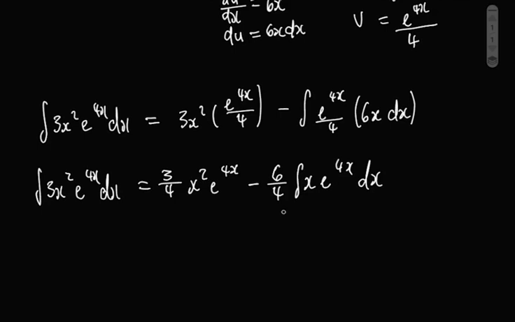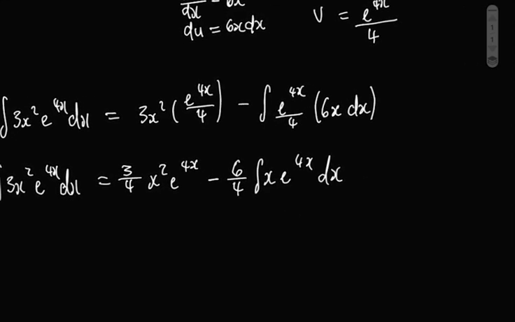And here again, I see that I must do by parts again. It's now another by parts. So I could say let u2 be equal to, again, the algebraic, of course. So it's equal to x. That would mean du dx is equal to 1, and that would mean du is equal to 1 dx.